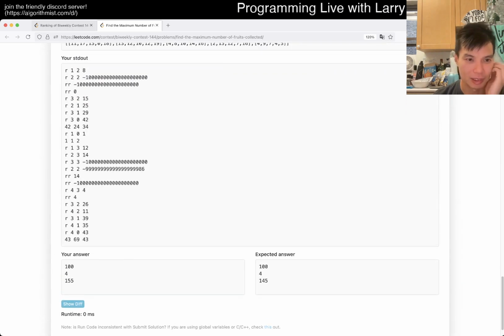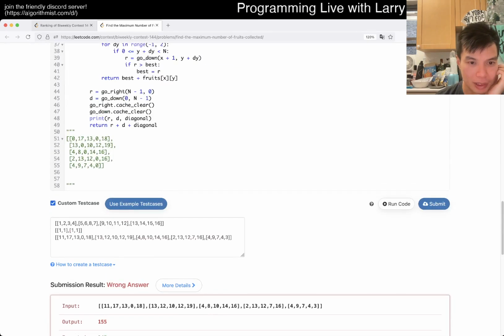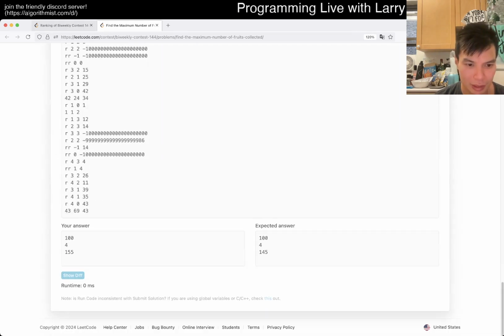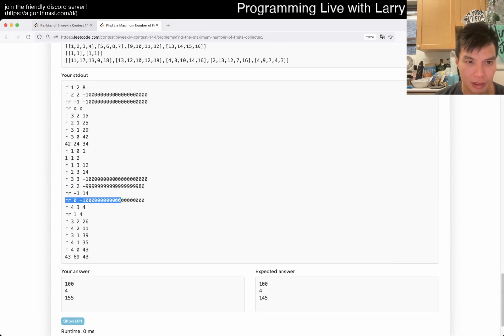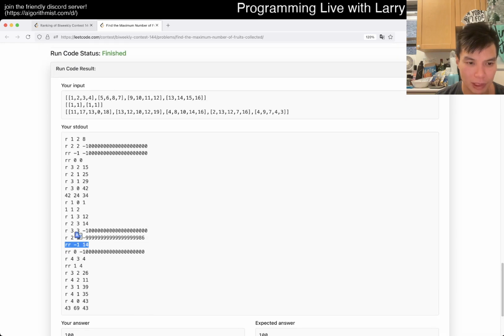Okay, so it goes 14, which is fine. Do we not just do dx? -1 is 14. Okay, 0 is negative infinity. That's true. Oh, it should be +1, right? +1 is 4.